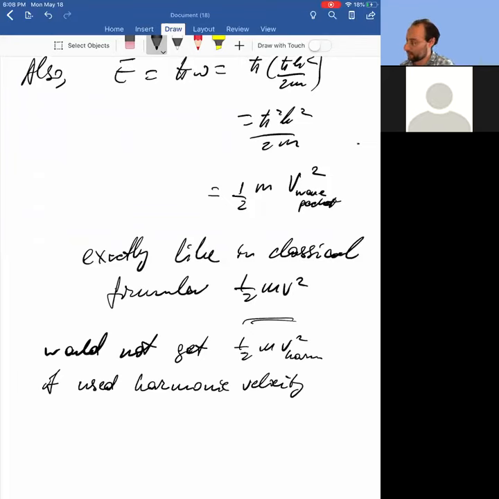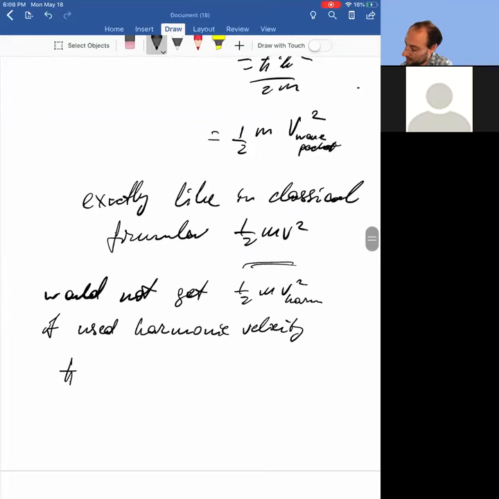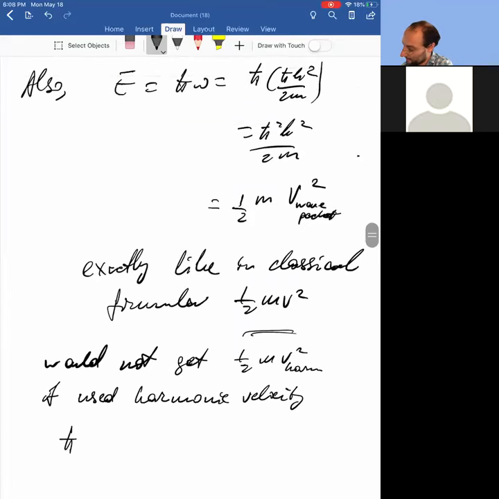So let's try that. The energy is h bar omega, so h bar squared k squared over 2m.